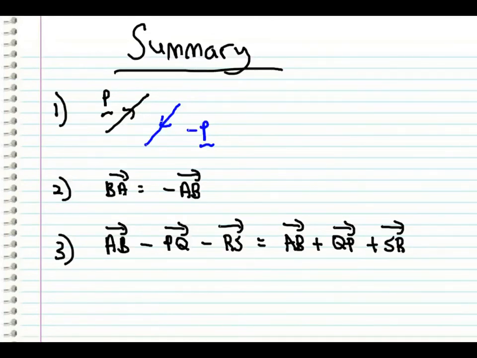Now, how do we apply this? Look at point number 3. If I want to compute the subtraction of many vectors, I can change the subtraction into addition by applying point number 2. So, why do we want to change from minus to plus? It is because we have already learned vector addition and they are very simple.